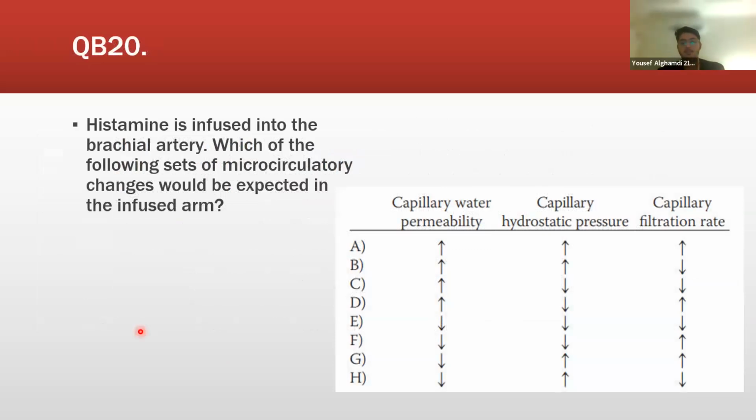Is that clear, Yasser? Yes. Good thinking, Yasser. Okay. Histamine is infused into the brachial artery. Which of the following sets of microcirculatory changes would be expected in the infused arm? So histamine is a vasodilator which is released by mast cells and basophils, so it's going to vasodilate.